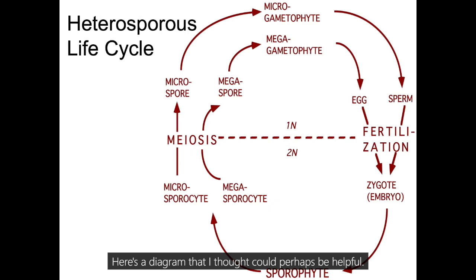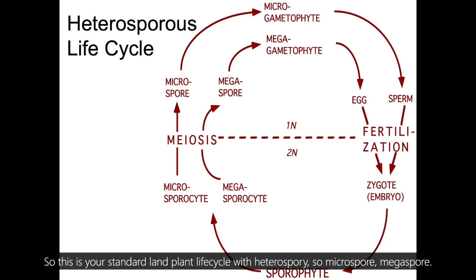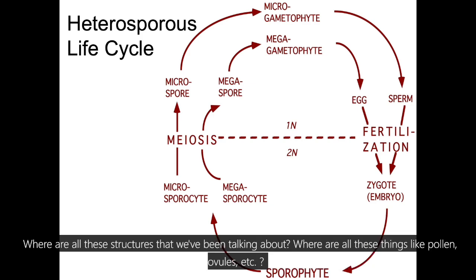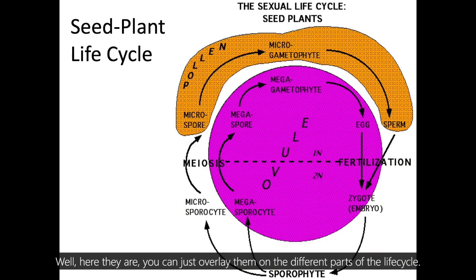Here's a diagram that I thought could perhaps be helpful. So this is your standard land plant life cycle with heterospory, so microspore, megaspore. Where are all these structures that we've been talking about? Where are all these things like pollen, ovules, etc.? Well, here they are.